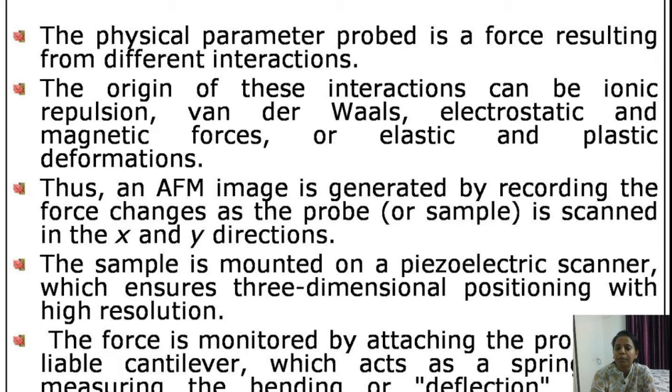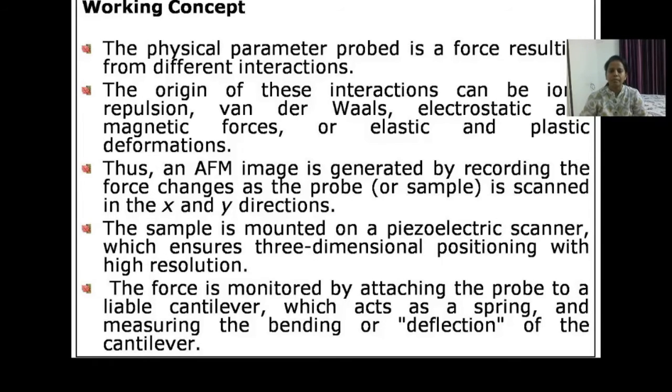Thus, an AFM image is generated by recording force changes as the probe is scanned in the XY direction over the sample. The sample is mounted on a piezoelectric scanner, which ensures three-dimensional positioning for higher resolution. The force is monitored by attaching the probe to a flexible cantilever.